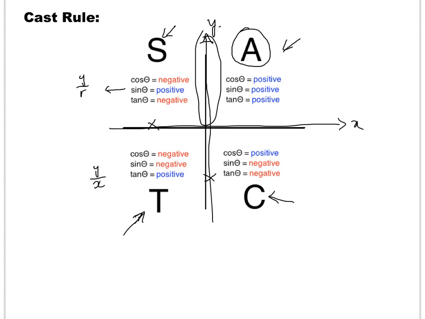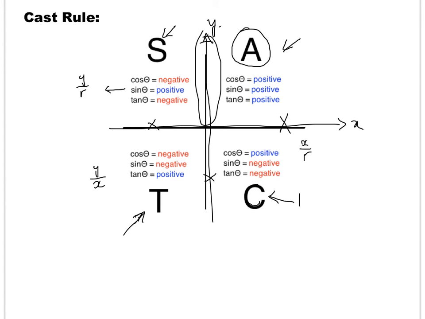We know that cos by definition is x over r, and x here is positive. Also sine and tan are going to be negative. Since the only positive ratio is cos, let's denote this one to be C.